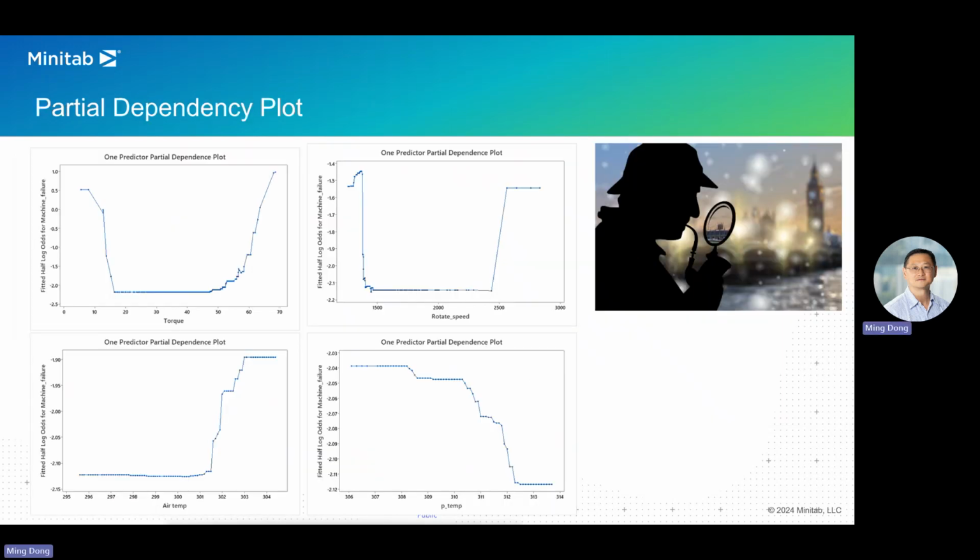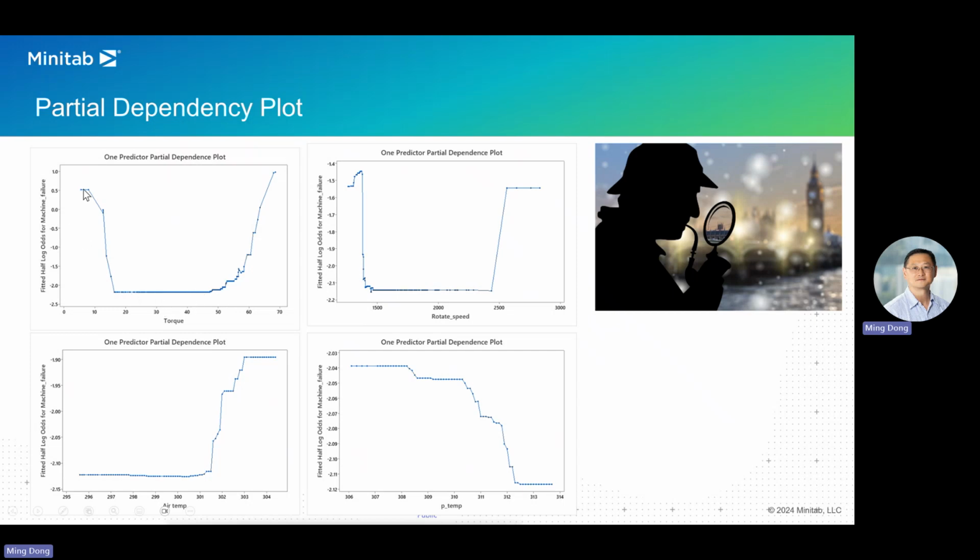And TreeNet also gave us what is called a partial dependency plot. It tells you the relationship between different variables and the chance of failure. So you can see for torque, if the torque is between 15 and maybe 50, the failure rate is very steady.